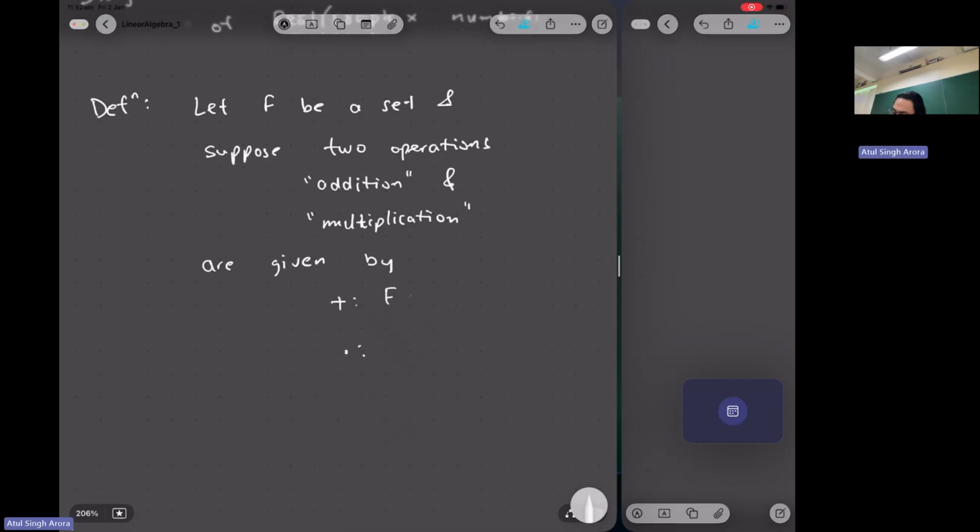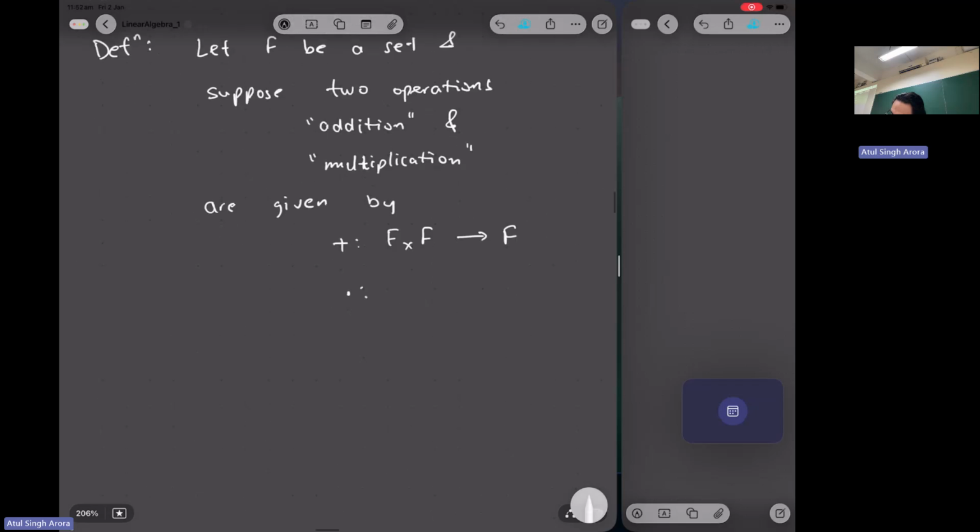So these are just symbols for the moment. These are operations that take two elements from F into an element of F again. So it takes two elements.